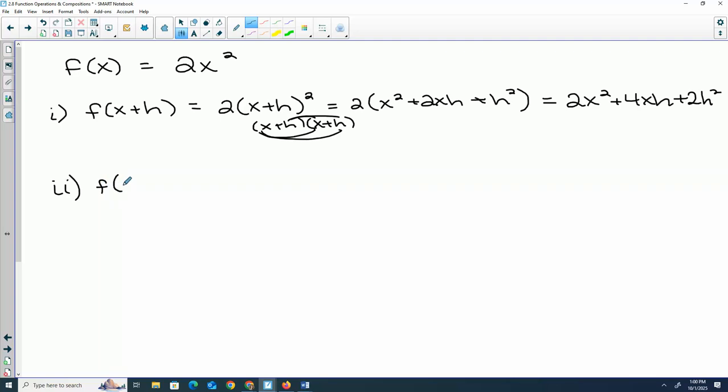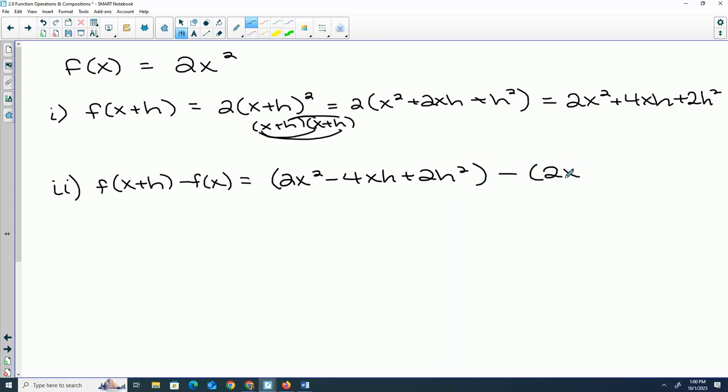The second piece says find f of x plus h minus f of x. But what is f of x plus h? The answer we just got. Minus, what is f of x? What happens? 2x squareds cancel, and we get negative 4xh plus 2h squared.